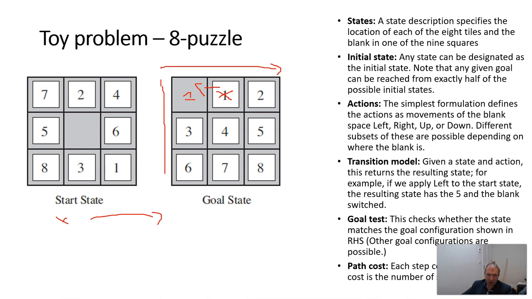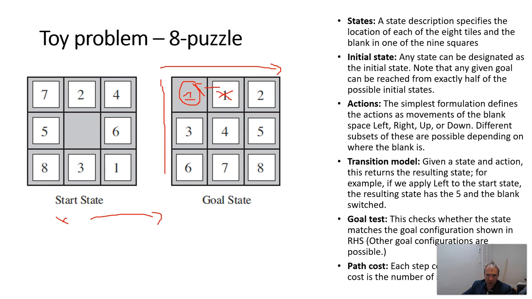So again, if the blank is present on the rightmost, then only a subset of the actions will be available to you. Whereas if the blank is here, for instance, we can't move the tile 3 down. We have to move it up. So only a subset of actions are available.